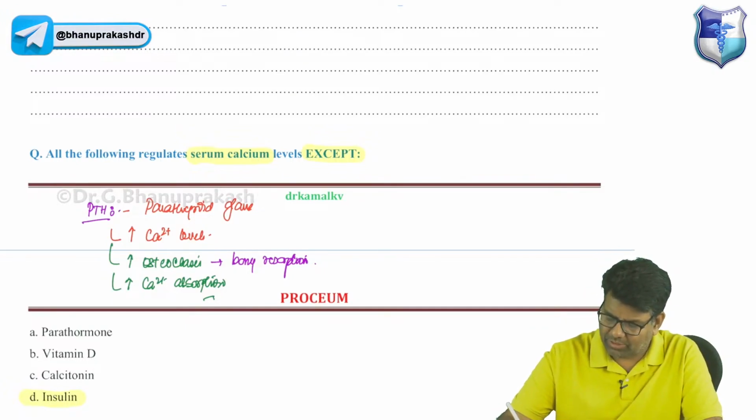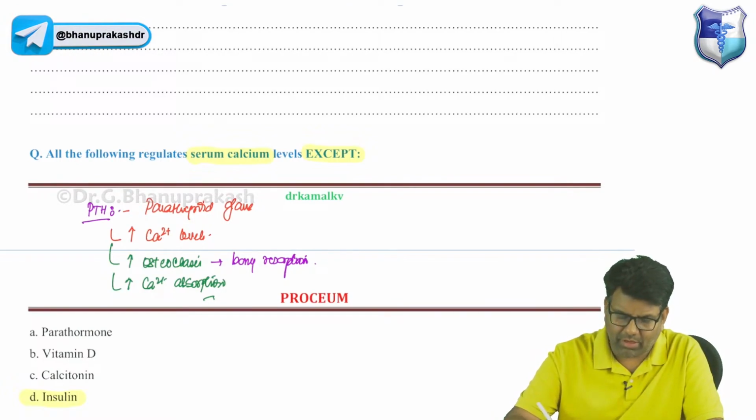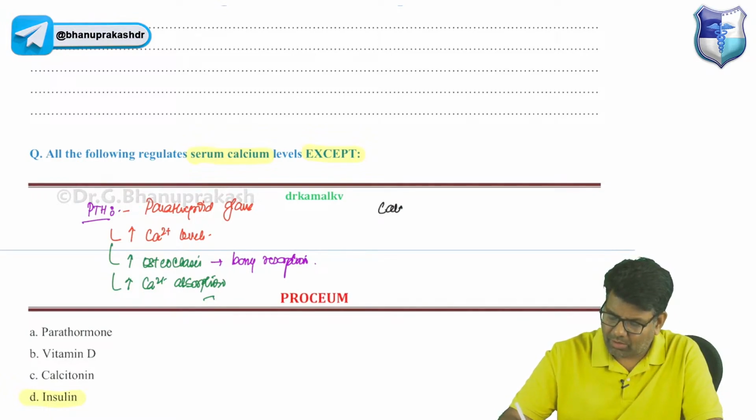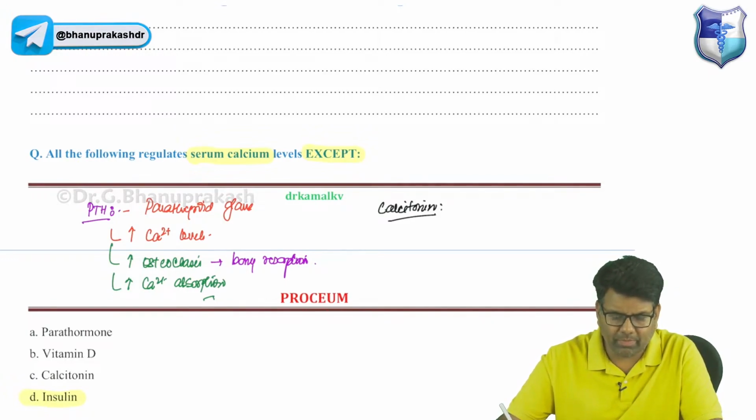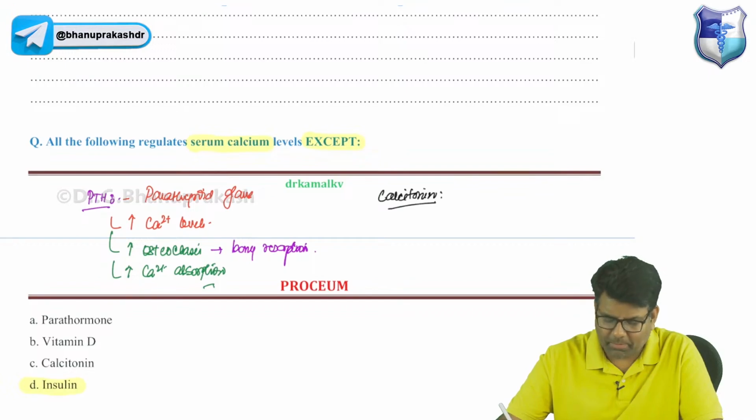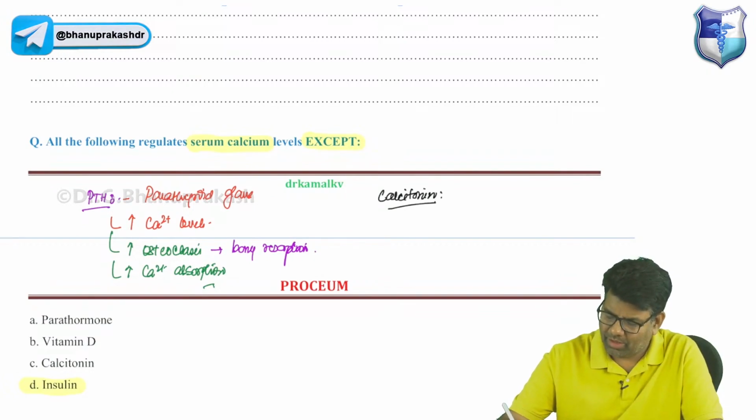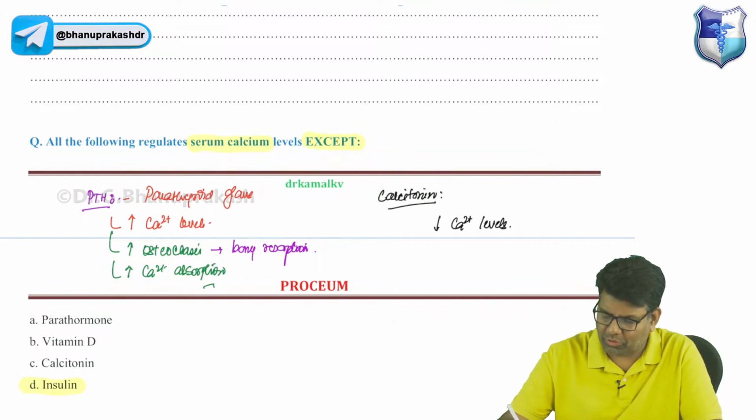Now, what is calcitonin? Coming to calcitonin, what is the source of calcitonin in the body? Calcitonin will decrease calcium levels. Very good.